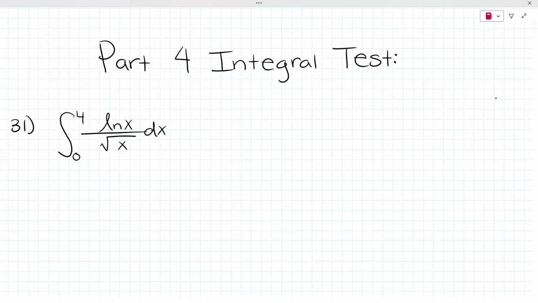But if you put 0 inside the square root of x, that gives you undefined, right? So it looks like we have some kind of improper integral.